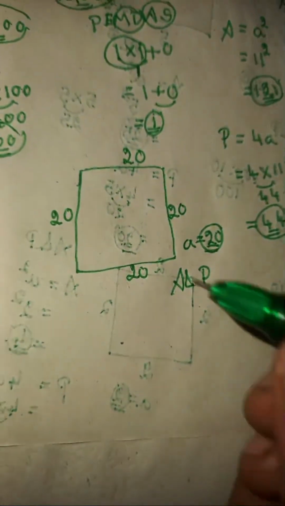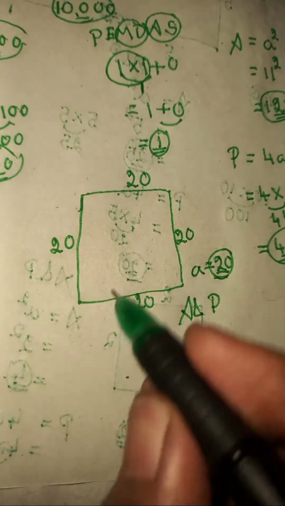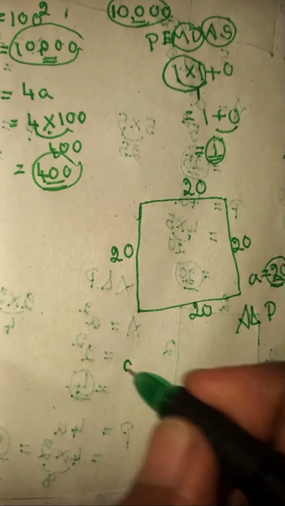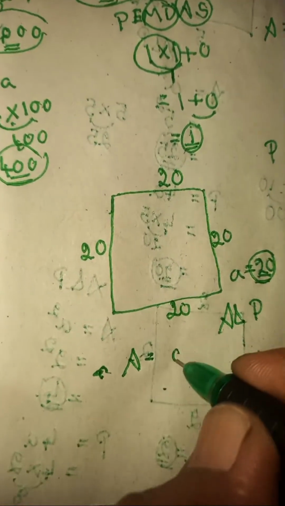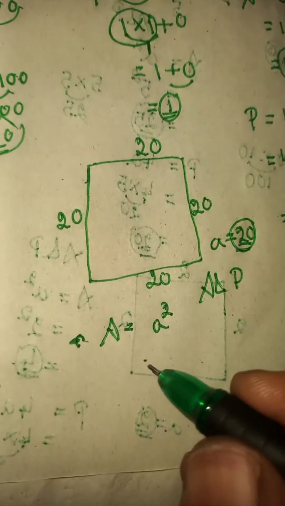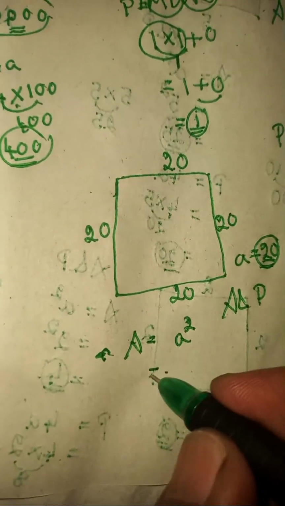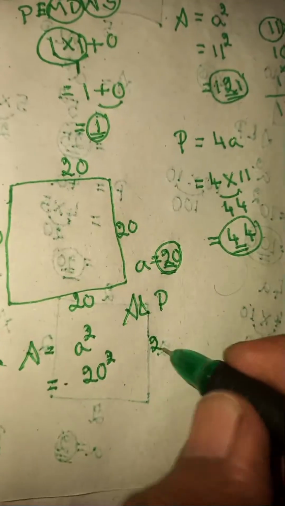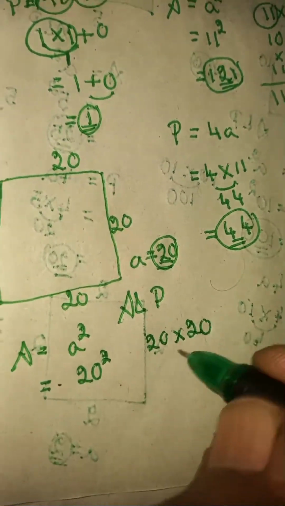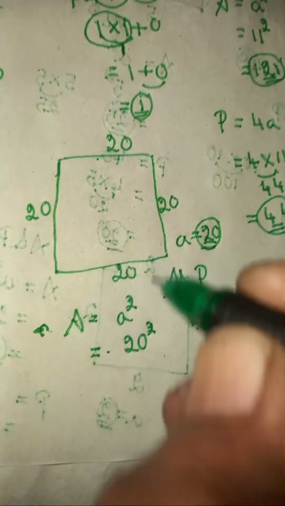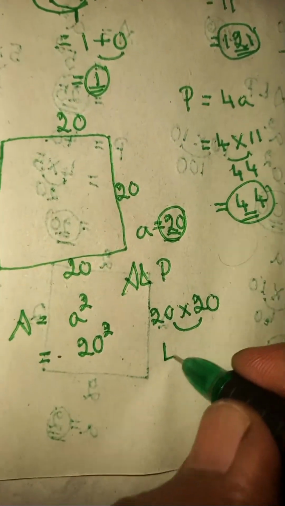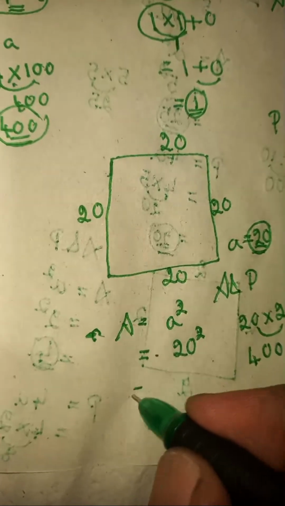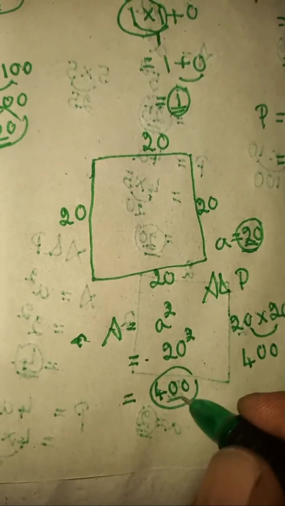Now area equals side length square, a square, and this a square means 20 square. 20 square here, 20 times 20 you must do. Area means side length square, that is 20. 2 times 2 is 4, and the 2 zeros you are going to get here, that is 400 square units.